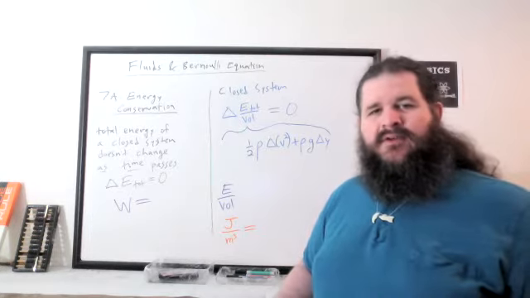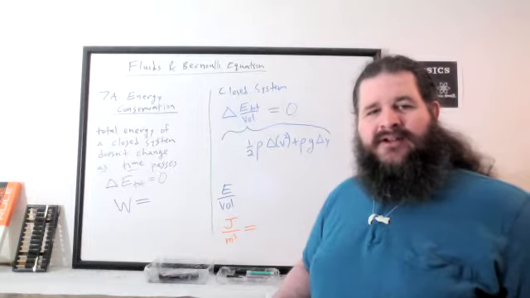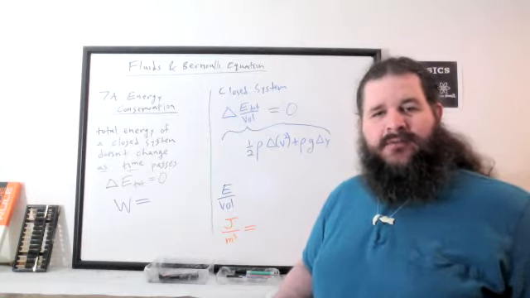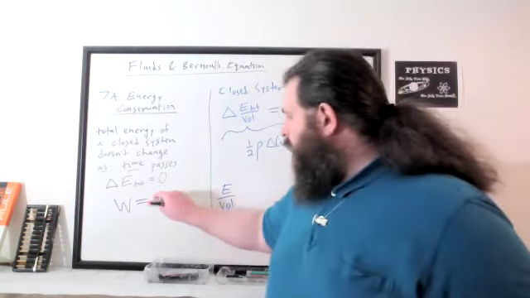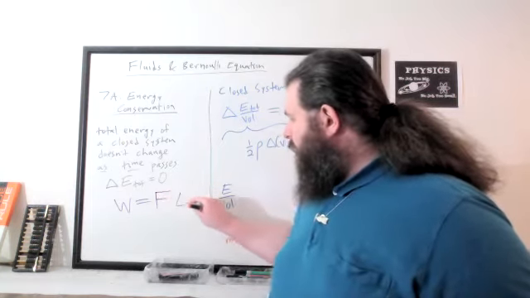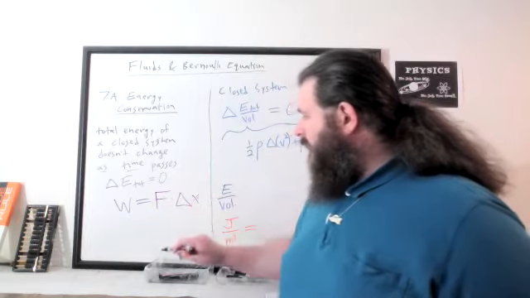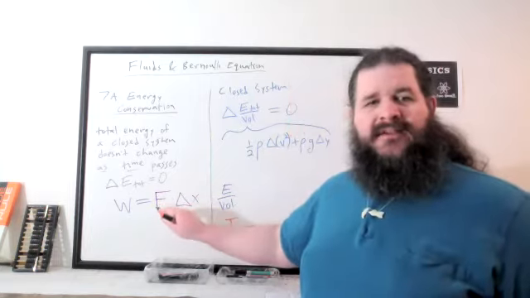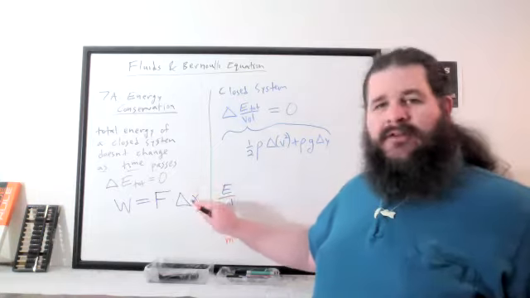That is, if you want to count as doing work to an object, what do you have to be doing to an object to count as work? Yeah, you've got to be applying a force, and there's got to be displacement. There's got to be motion. Force times displacement. The amount of force being applied to the object multiplied by how far the object travels.